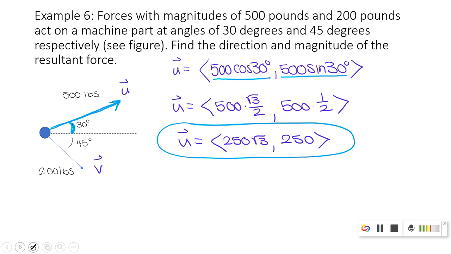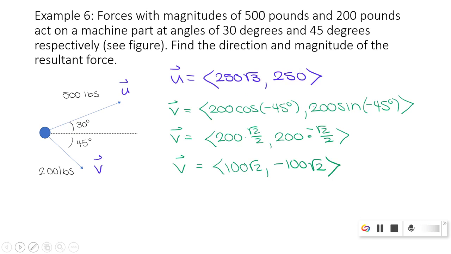So that's my vector u. We can do the same thing for vector v. Vector v is this lower vector. Magnitude is 200, and I'm going to say that angle is negative 45 degrees because it's going down. So my x component is going to be the magnitude, 200, times cosine of negative 45 degrees, and my vertical component is the magnitude times sine of negative 45 degrees.